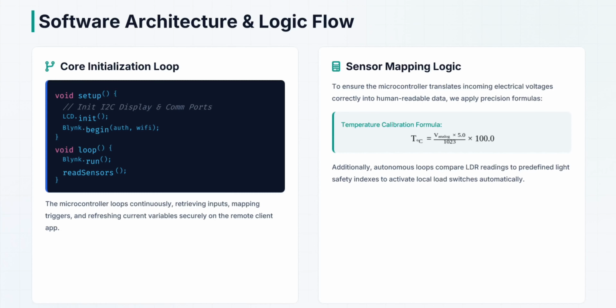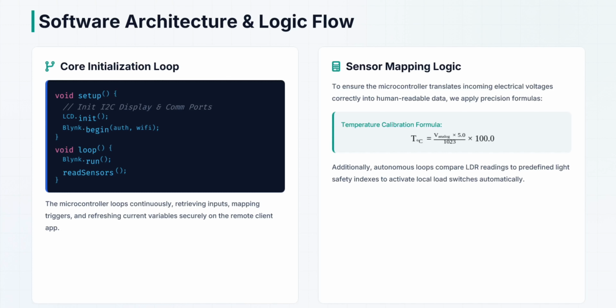To calibrate our LM35 temperature sensor, we apply this basic formula in our firmware. When voltage is in millivolts, the numerator is the ADC reading times 5000 millivolts, divided by 1024.